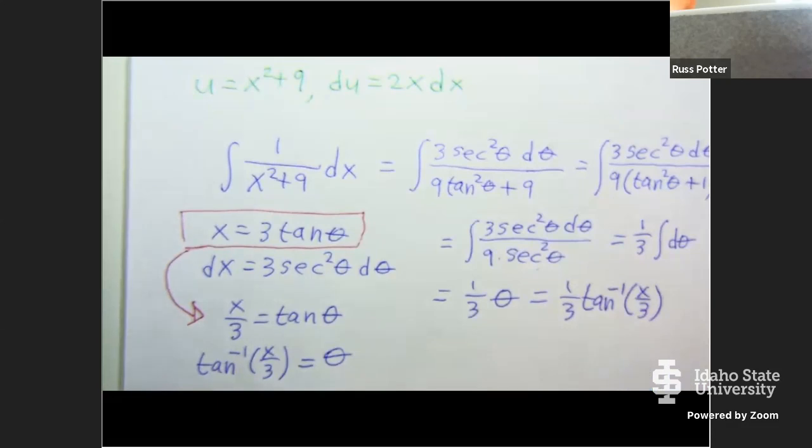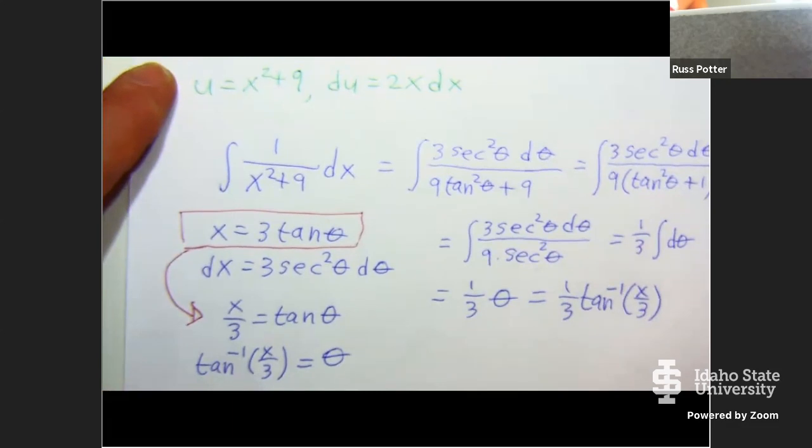Okay, then in our original problem, we're going to multiply this by 13/5, but I'll go back to where we were. So 13/5 times 1/3 is 13/15.